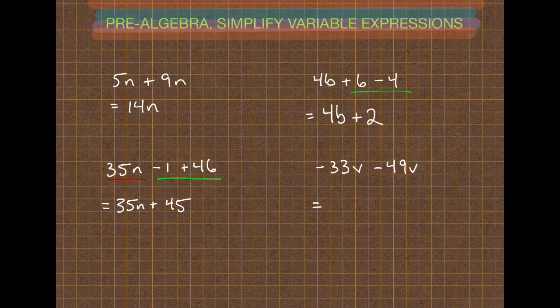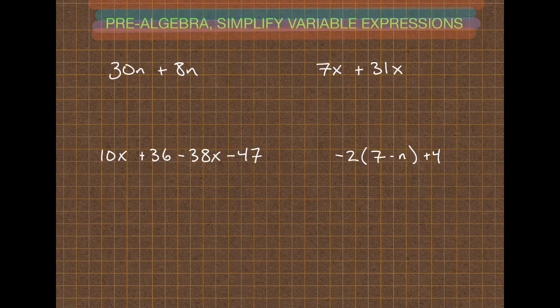Okay, the last one, -33v minus 49v will give us a -82v. Okay, this first one, 30n plus 8n, we're going to say that is 38n. Okay, 7x and 31x, that's going to equal 38x.